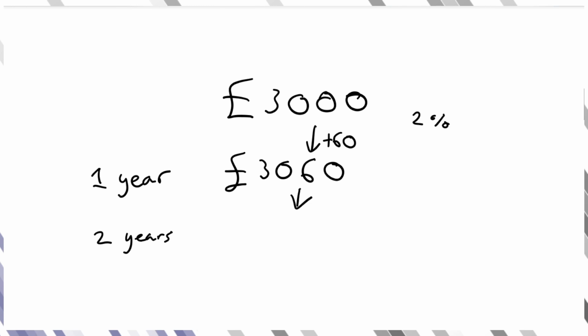2% of 3,060 is £31.90, not 90, 20 pence, something like that. 1% is £30.60, so it'll be £61.20. That makes more sense. So in the second year we get £61.20.